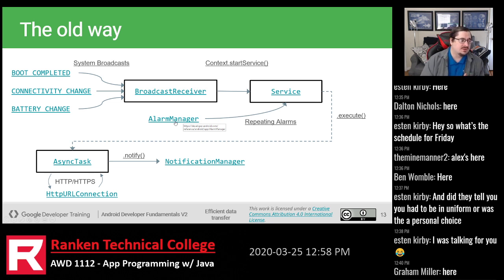We would use that to say, well, every hour I want you to start my service. Every hour I want to go look for new things, or every 15 minutes, whatever it may be. So that was how we also did it based on time. We brought in that alarm manager in addition to know when things happened.